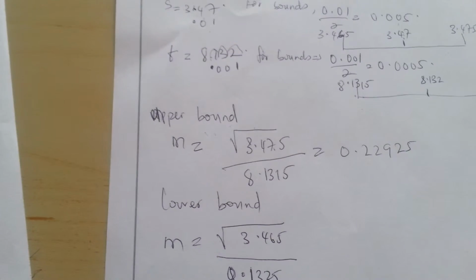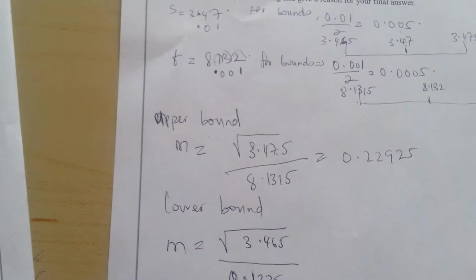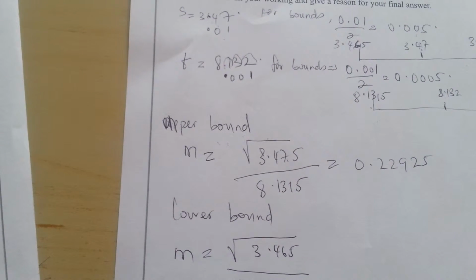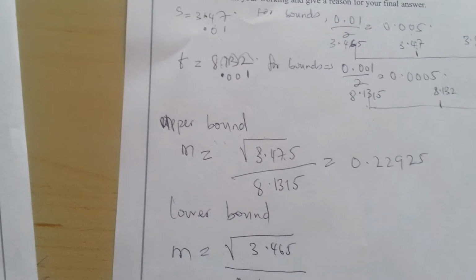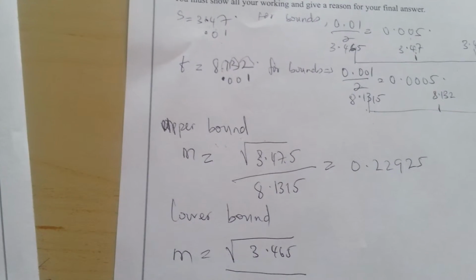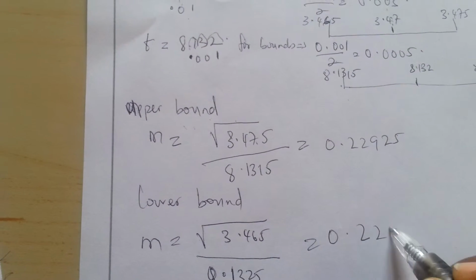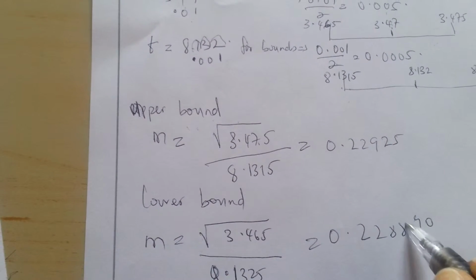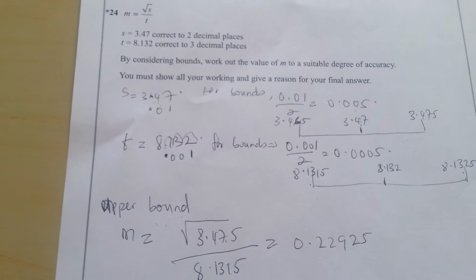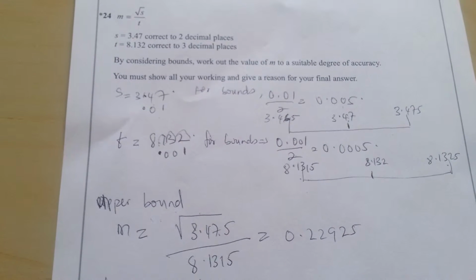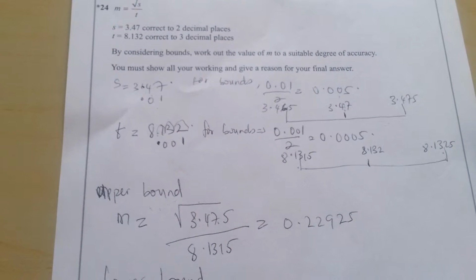So we have the square root of 3.465 divided by 8.1325. So our answer is 0.228890.